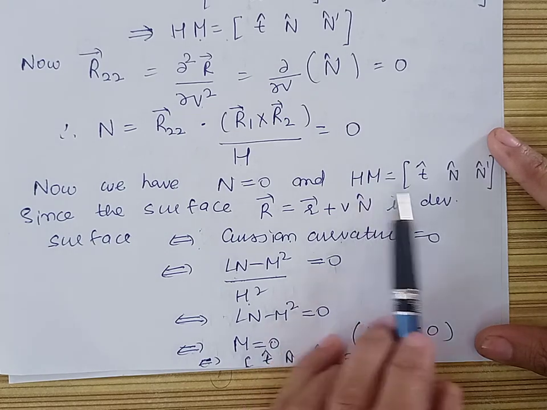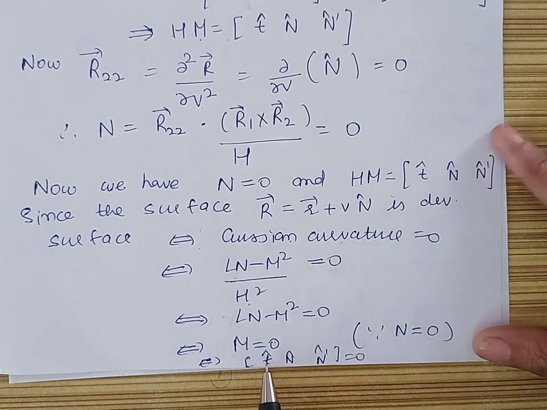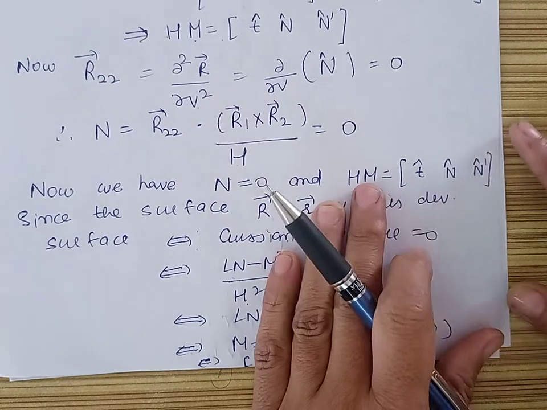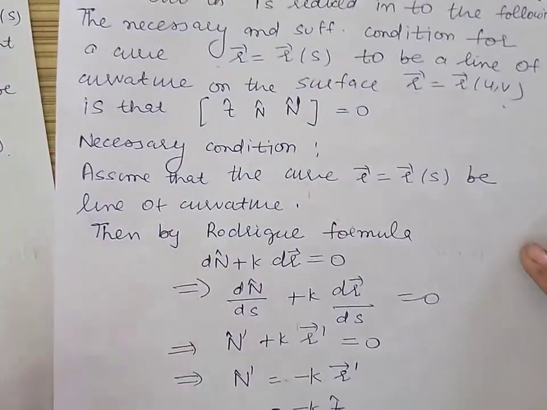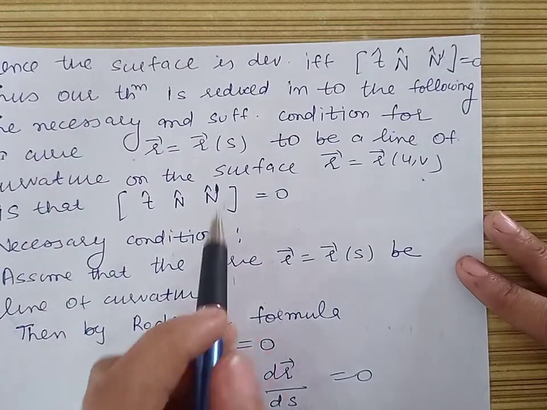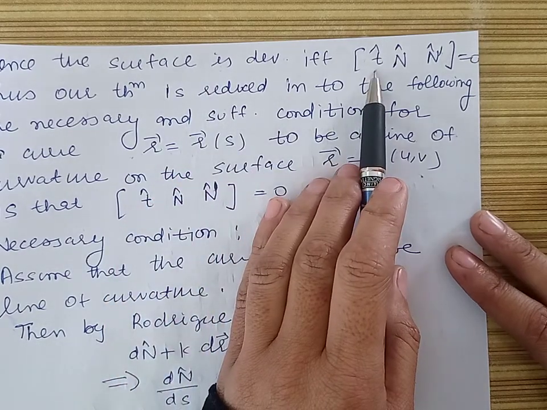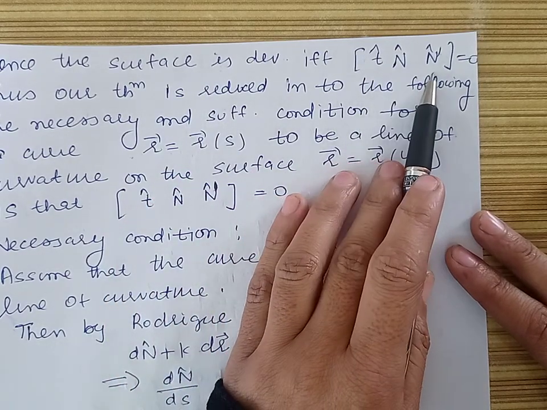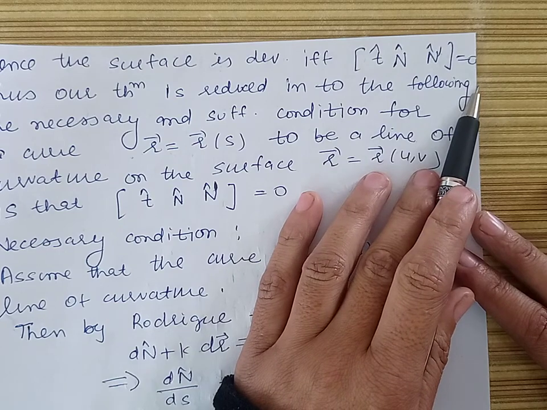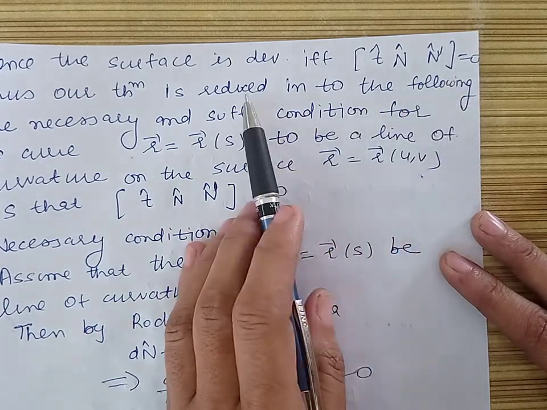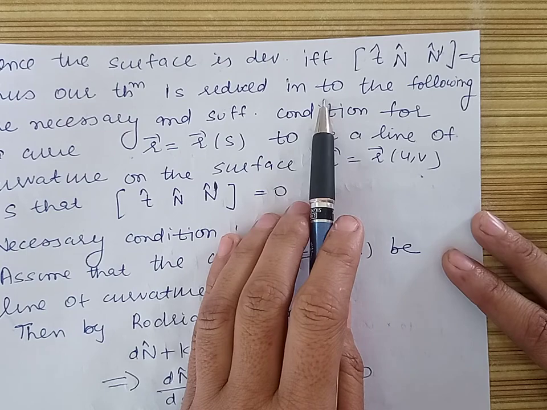Now m is 0, from here we get the scalar triple product of vector t, n and n dash is equal to 0. Thus the surface is developable if and only if the scalar triple product of the vectors t, n and n dash is 0. Thus our theorem is reduced into the following form.